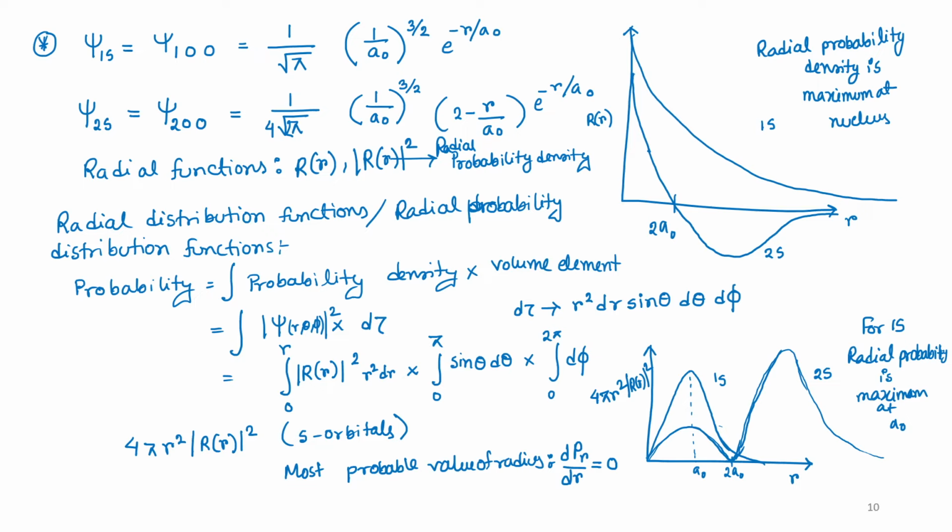Okay, and some other things I also want to discuss: from here you can get your number of radial nodes as n minus l minus 1, and angular nodes is your azimuthal quantum number, that is l.